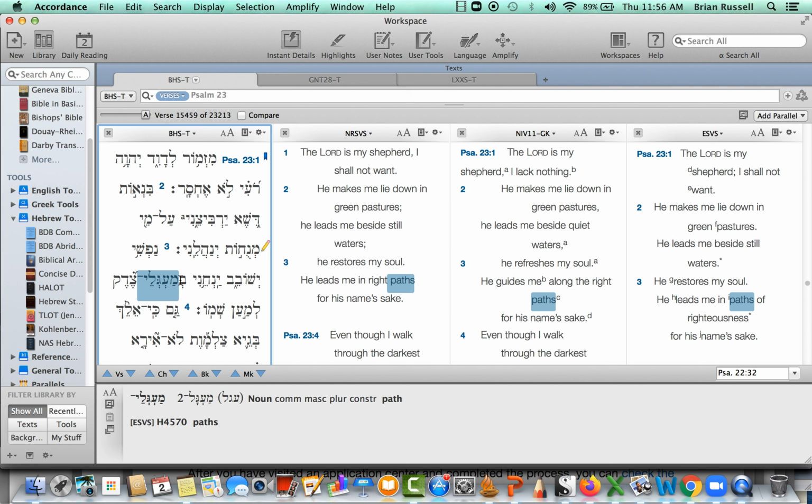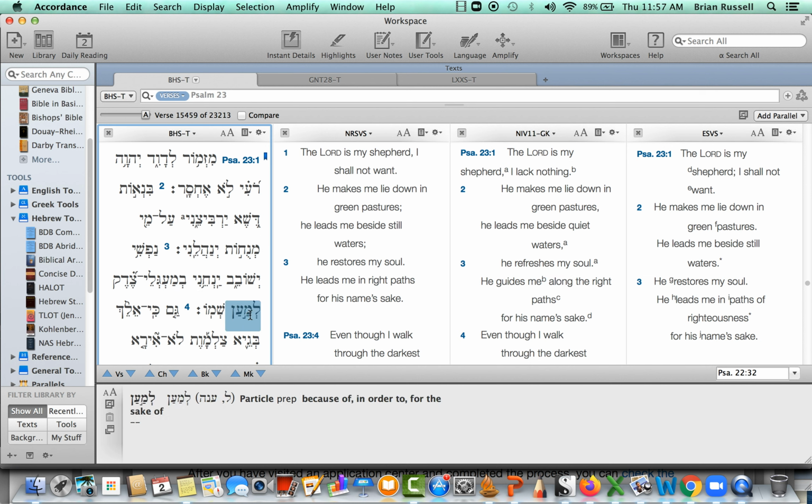First, what's the force of the bet? If you look that up in 4.1, it's going to be another locative, right? It's describing where he's leading. And then what kind of genitive is tzedek? Again, it's describing paths, so this is an attributive: in righteous paths.